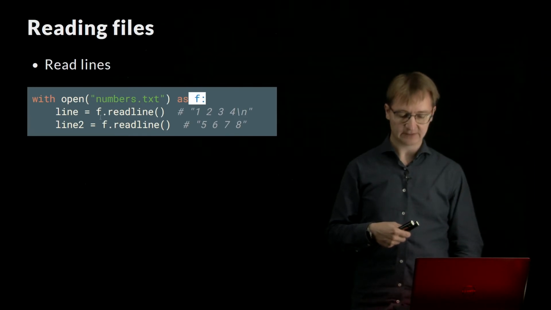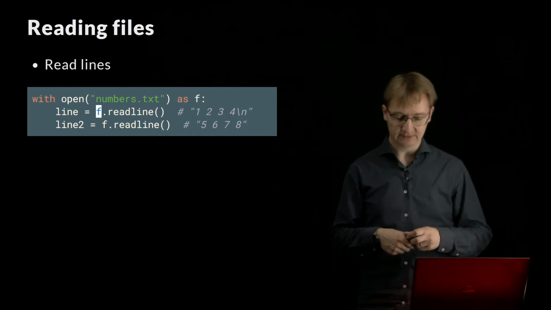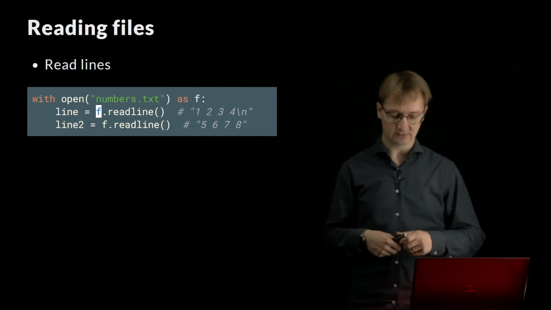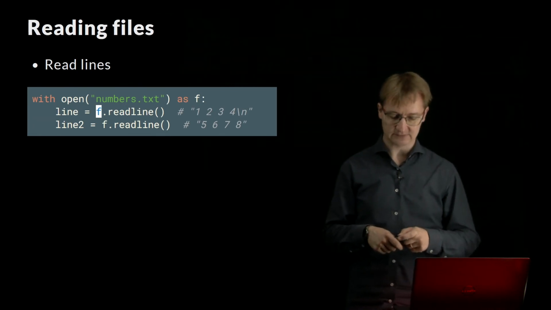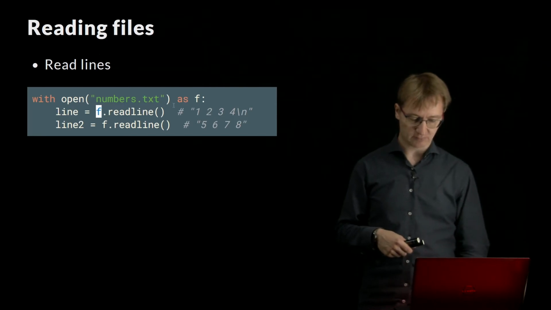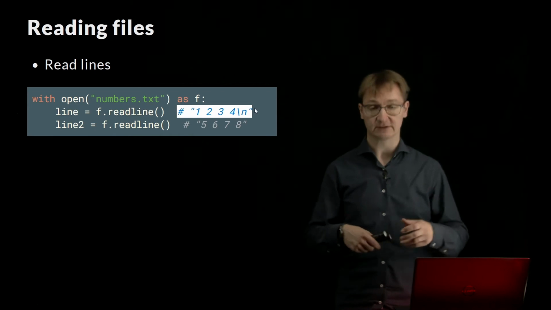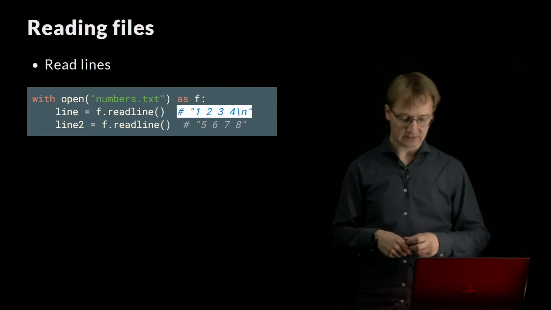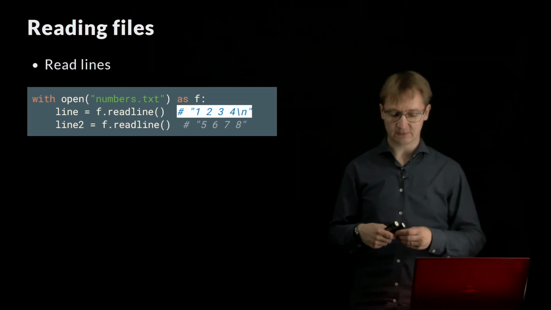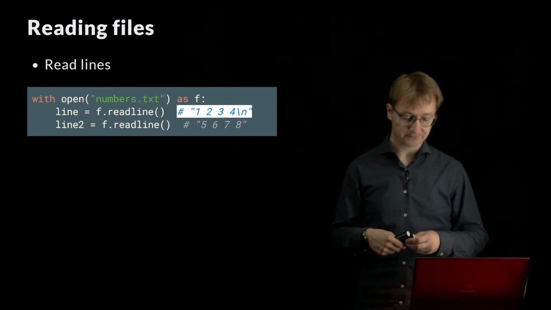From this f variable we can call different methods, for example, readline. The first line is read into the line variable and the second one into the line2 variable. I've also commented how the values of those variables look. The first one has 1, 2, 3, 4, and the second one has 5, 6, 7, and 8.